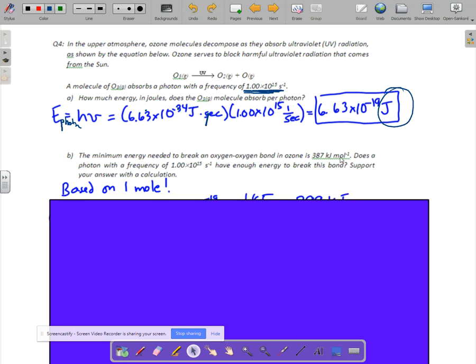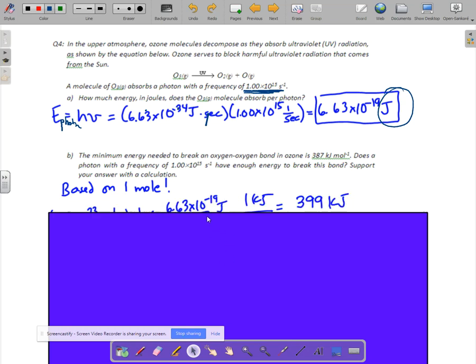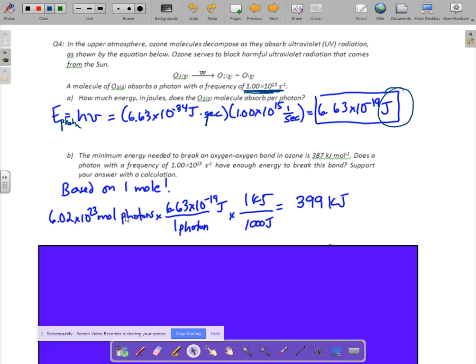But as this says, this is based on a mole of those bonds being broken. So I said, okay, I'm going to need a mole of photons here. For every one photon, as I calculated earlier, it would have 6.63 times 10 to the negative 19th joules. Convert that to kJ, and if I had a mole of these photons, then I'd have 390 kJ.